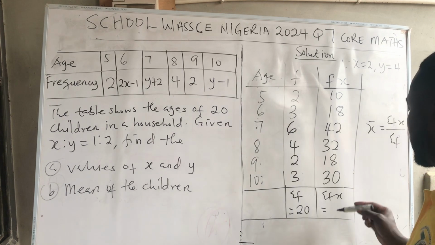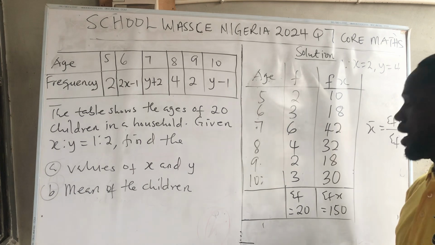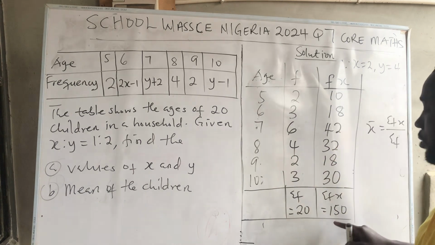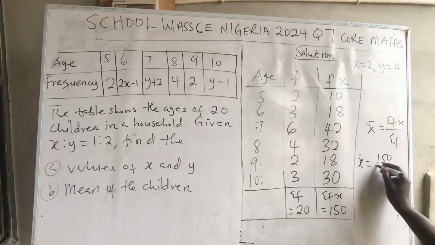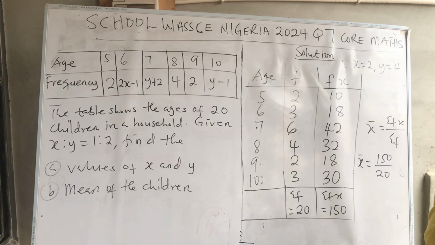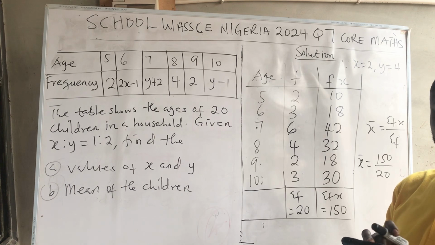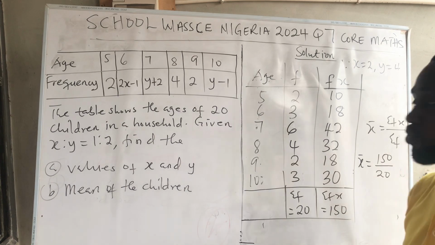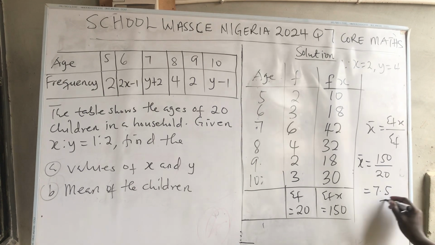And that will give us 150. So our sigma fx, summation of fx is 150. Therefore, our mean will be 150 divided by 20. And 150 divided by 20 will give us what? 7.5.